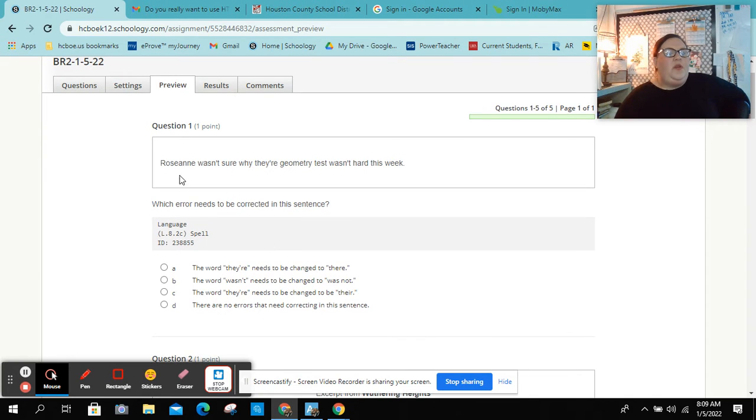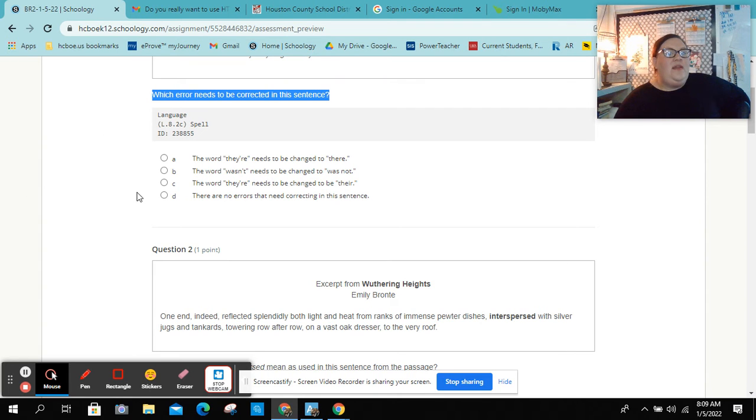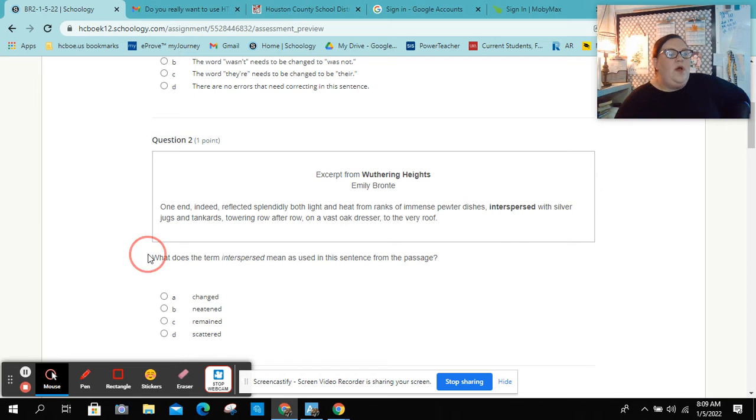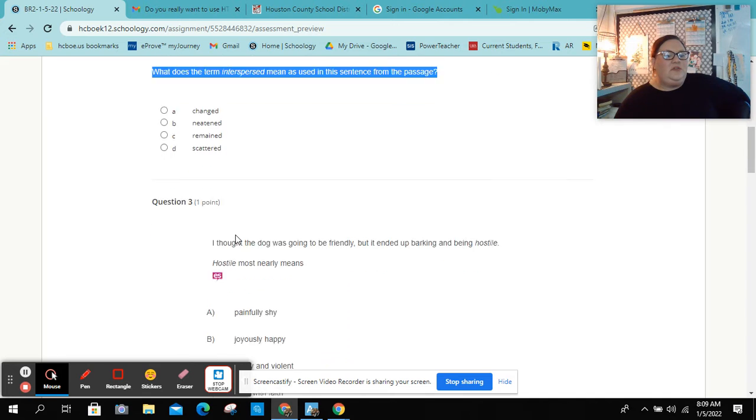Number 1 says, which error needs to be corrected in this sentence? Roseanne wasn't sure why our geometry test wasn't hard this week. What needs to be corrected? Make sure you read all of these answer choices. Question 2: What does the term interspersed mean as used in this sentence from the passage? You have to read the passage.